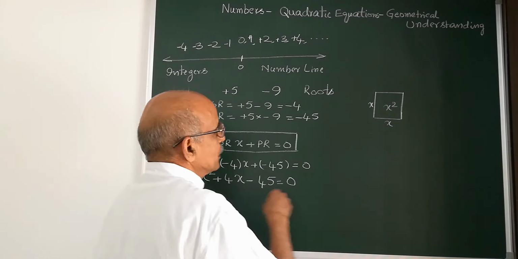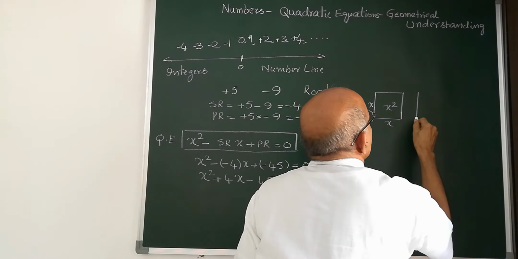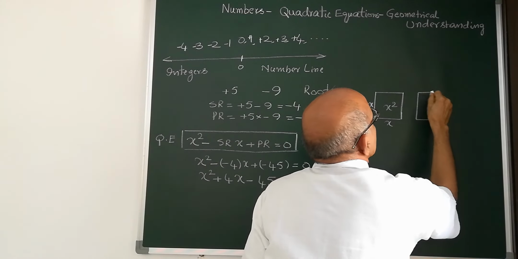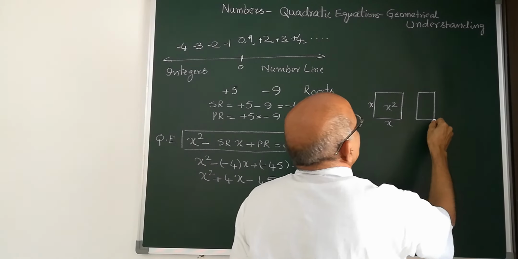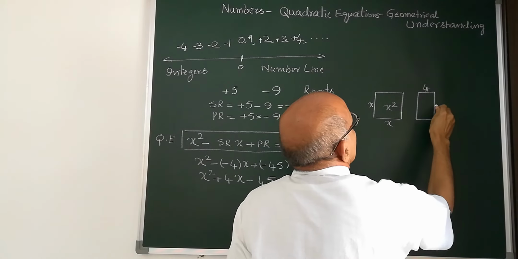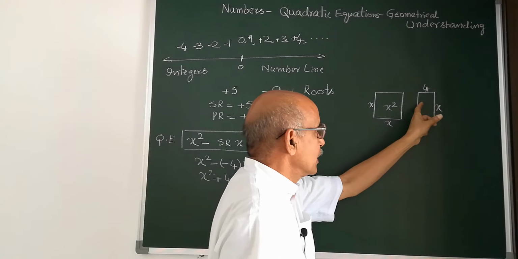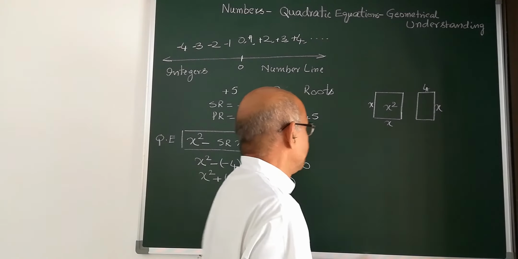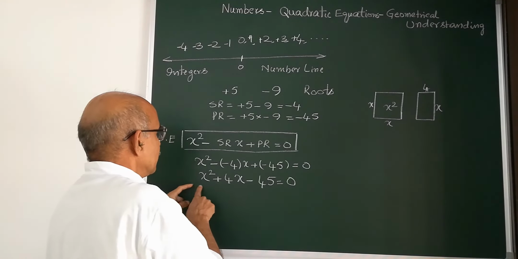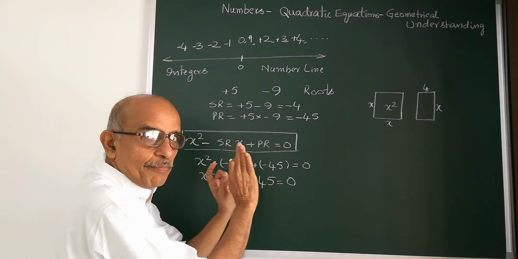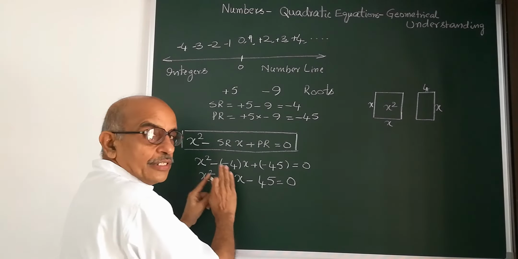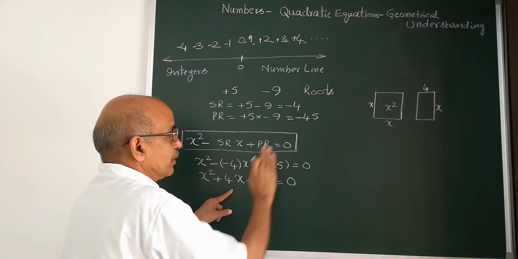Now 4x represents a rectangle where one side is x and the other side is 4. 4 into x, 4x, is the area of this rectangular strip. So x square is the area of this square, and 4 into x is the area of another rectangular piece.